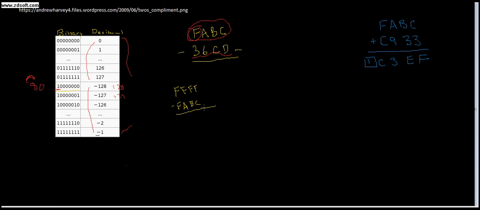So F minus C, well, that's like 15 minus 12, which is 3. F minus B is a 4. F minus A is 5, and then 0. Alright, so we would add 1, remember, 0544. Okay, and that's the magnitude.